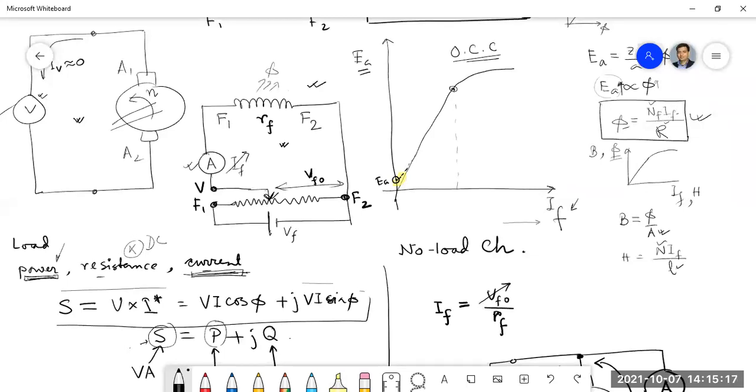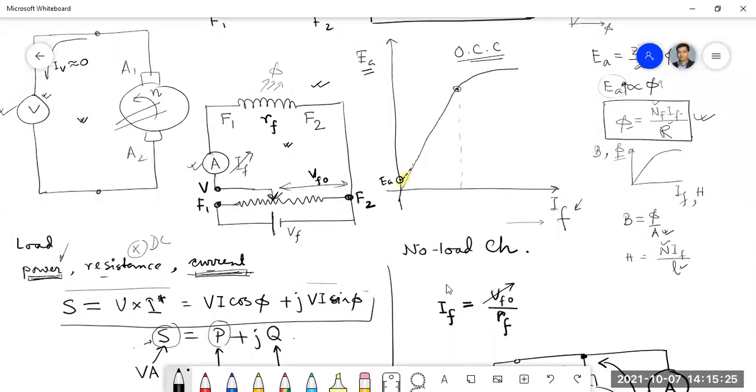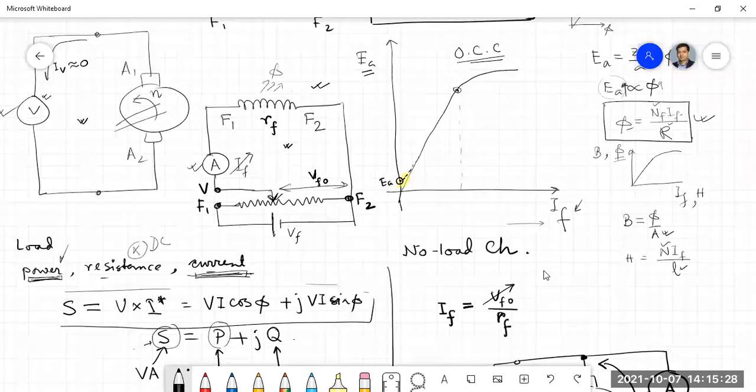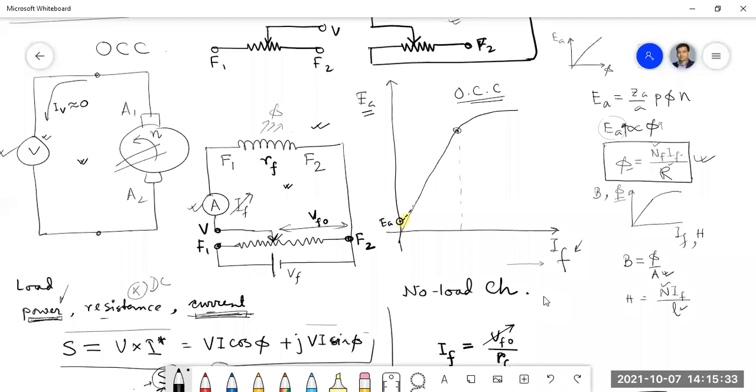Another possibility in separately excited mode also, we can use this variable resistance mode that we have used for the shunt motor. This could be done. We have used the potential divider mode here because in our experiment we use the potential divider mode for the separately excited case. If anyone wants, they can disconnect this terminal, that also can be done. This can also be done. Then it will be a variable resistance mode.